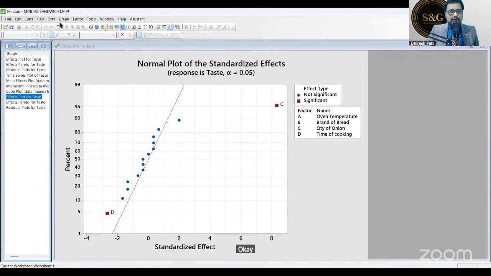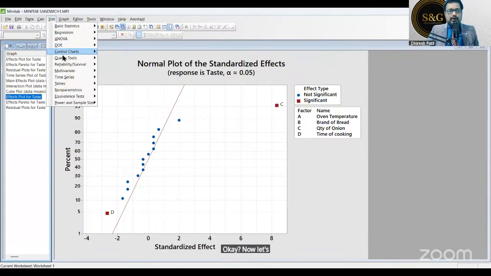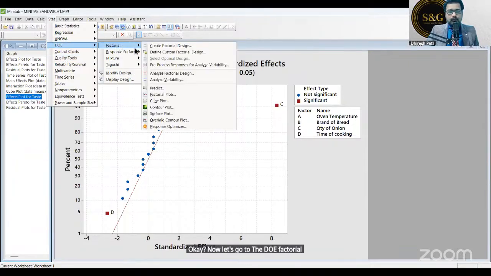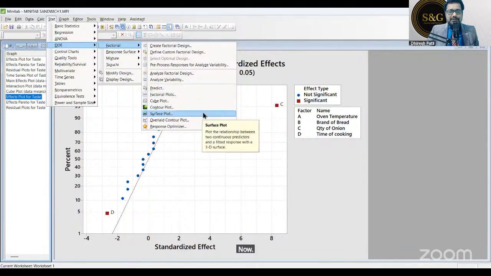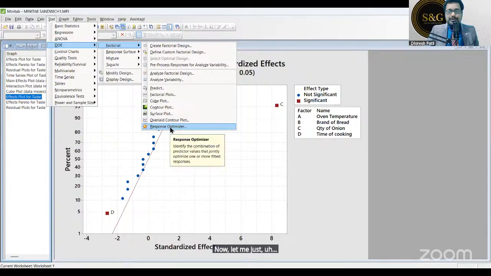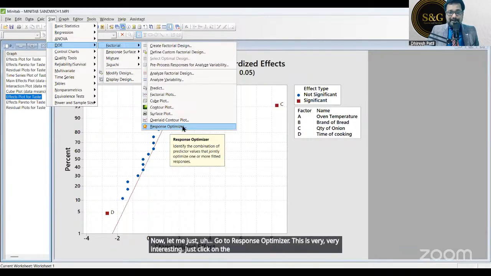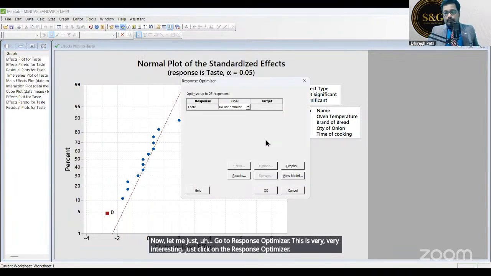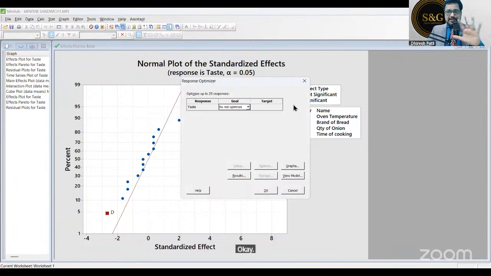Okay, now let's go to the DOE factorial. Now let me just go to response optimizer. This is very, very interesting. Just click on response optimizer. Where will you find the response optimizer?